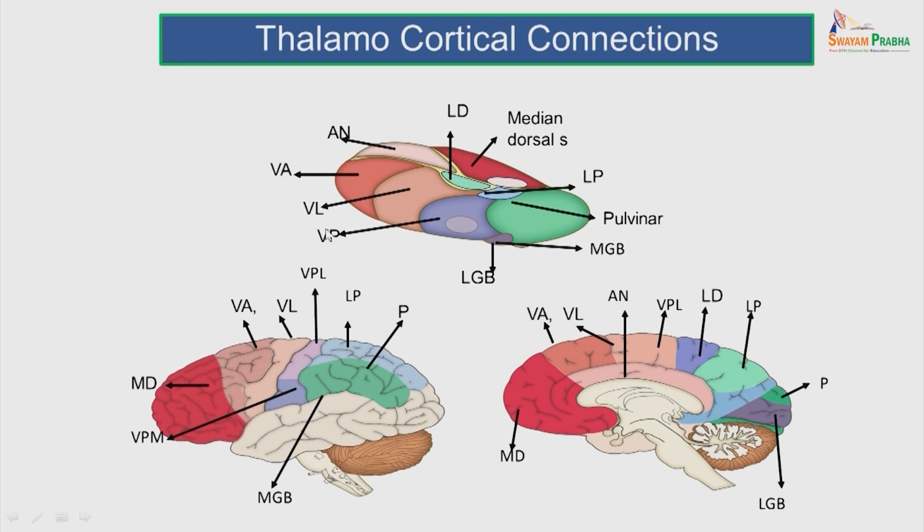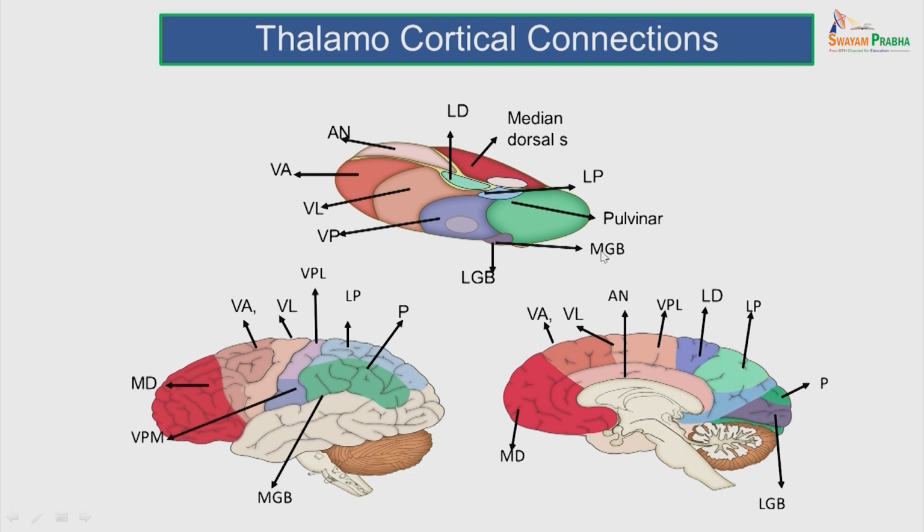Then we have the ventral posterior nucleus, which is the VPM and VPL nucleus, relayed in the primary sensory area 3, 1, 2. The VPM nucleus is relayed in the lower part, carrying the sensation of taste and also the general sensation of the head and neck region.